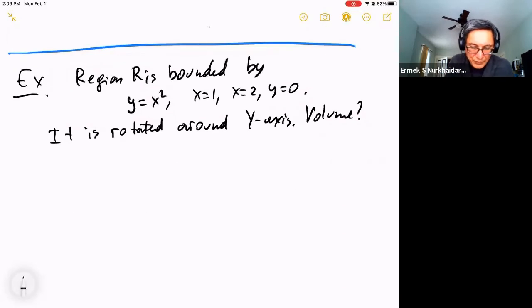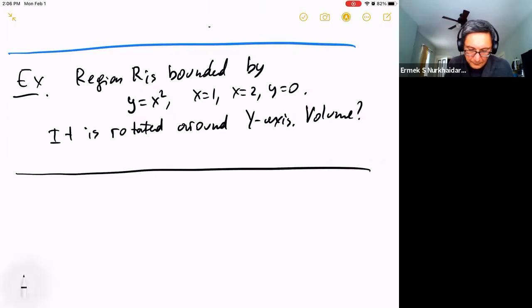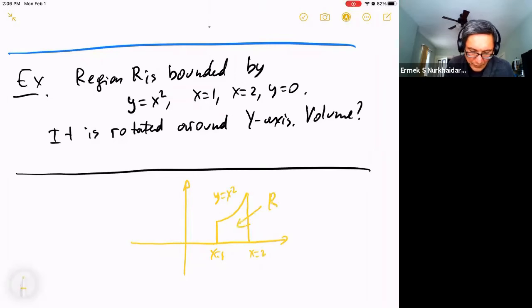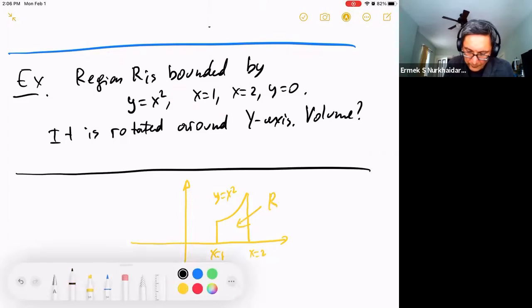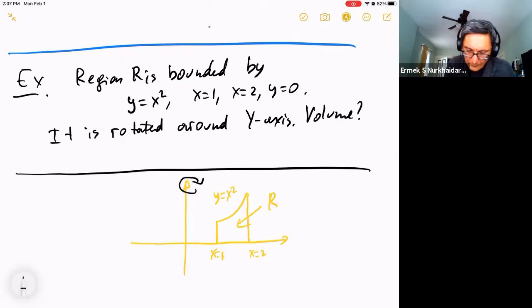So I'm going to draw a picture of the region. y equals x squared, x equals 1, x equals 2. So that's region R. And we're rotating around the y-axis.